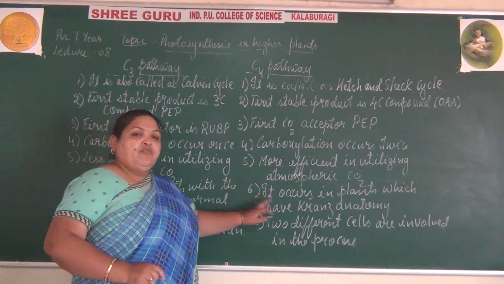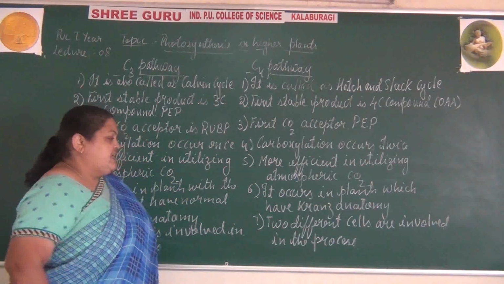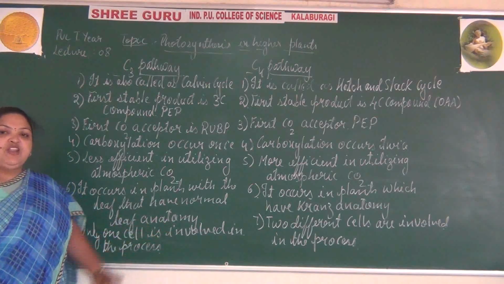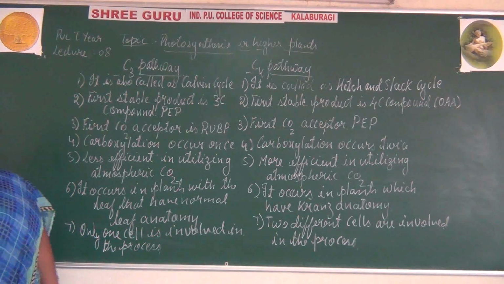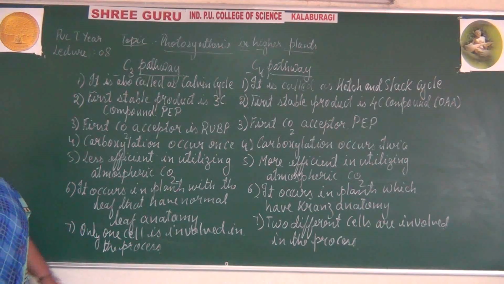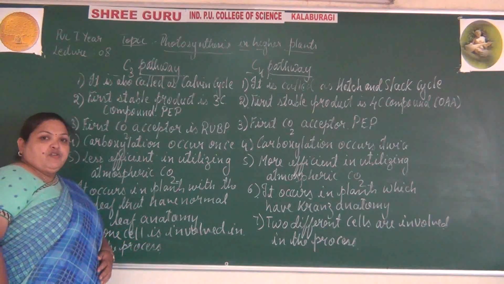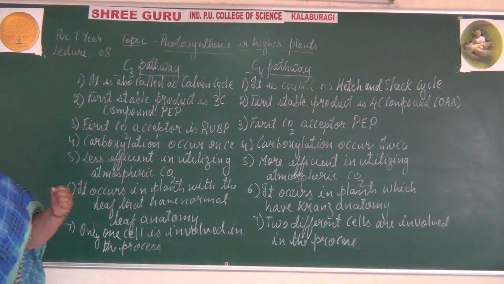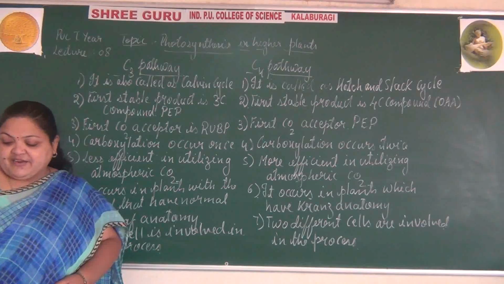Here in C3 only one type of cell is involved in the process, while in C4 two different cells are involved in the process.